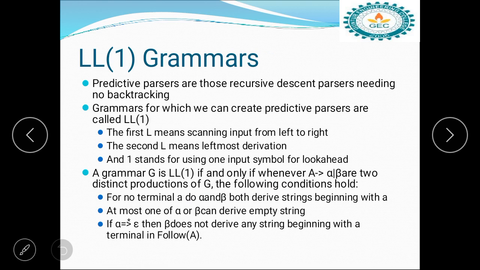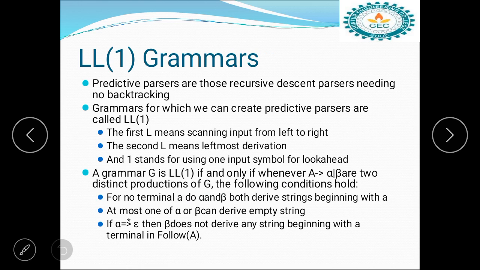The first L means scanning the input from left to right. The second L means leftmost derivation, and 1 stands for using one input symbol as lookahead. A grammar G is LL(1) if and only if, for A tends to alpha or beta, two distinct productions of G, the following conditions hold.